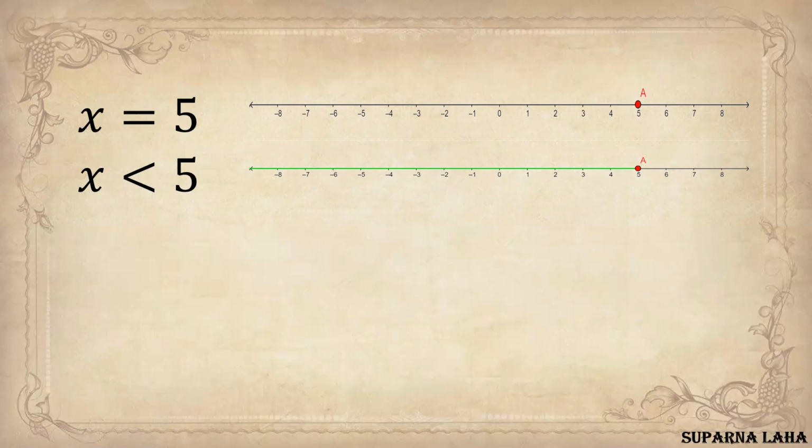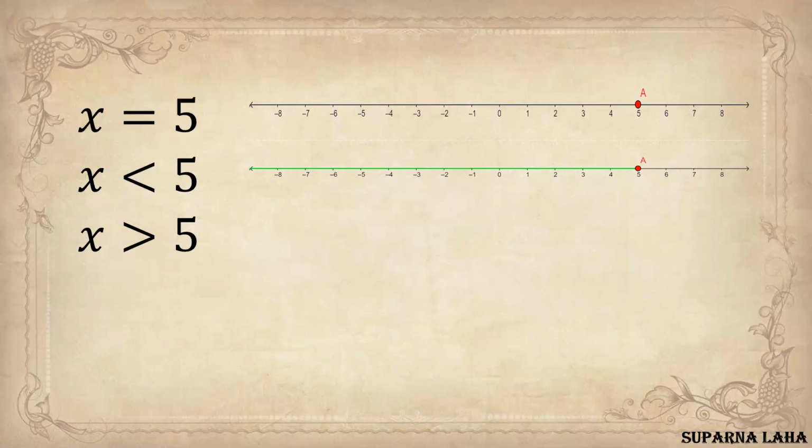Look here, since x is not less than or equal to, it is less than 5, it means except this point 5, starting from just before it, all the members less than 5 belong to this solution set, x less than 5. Now if we talk about x greater than 5, that means those real numbers x which are greater than 5. So it will be 5.1, 6, 7, 8, 8.5. All the numbers bigger than 5, definitely not equal to 5.